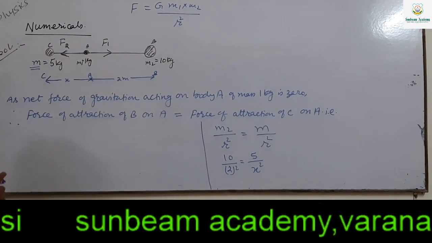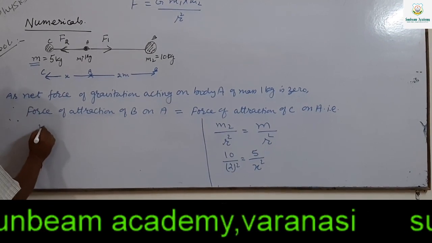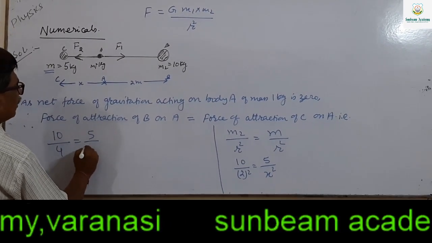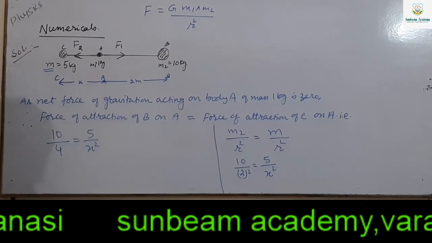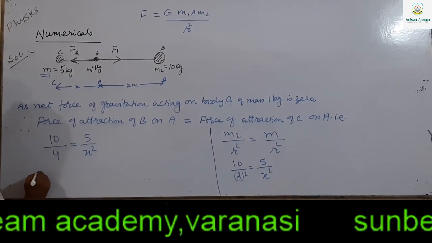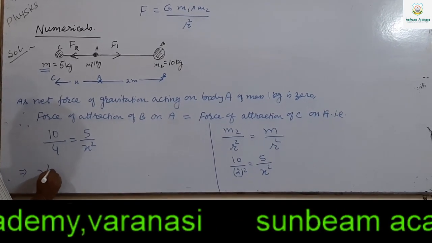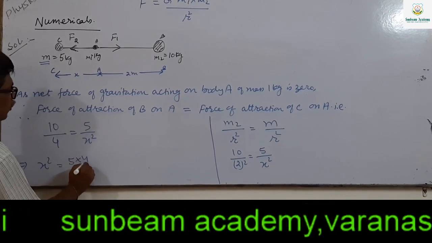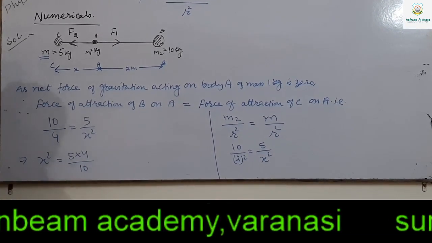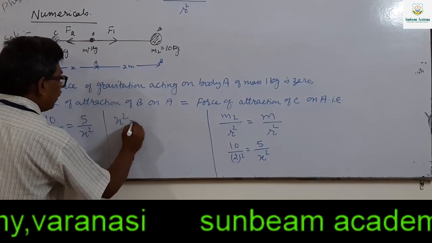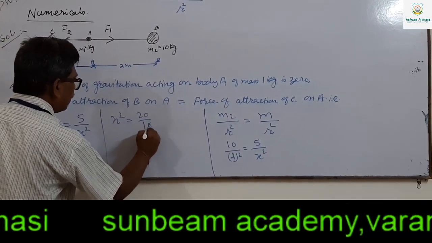It will become 10 upon 4 is equal to 5 upon x square. You cross multiply, that is x square equal to 5 into 4 upon 10. That will be x square equal to 20 upon 10.